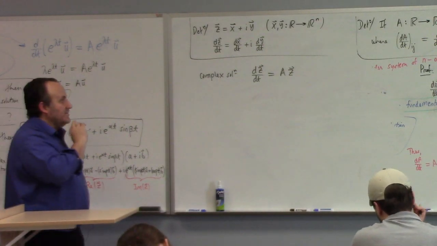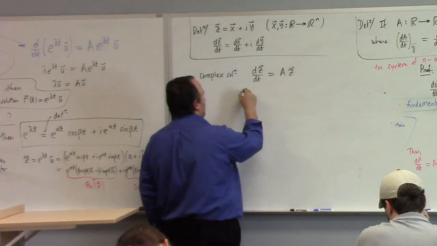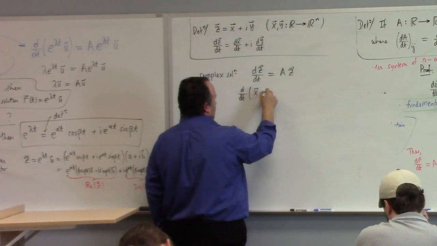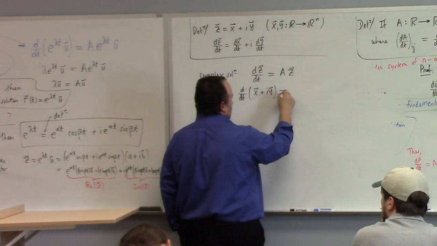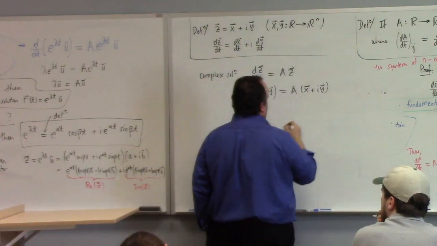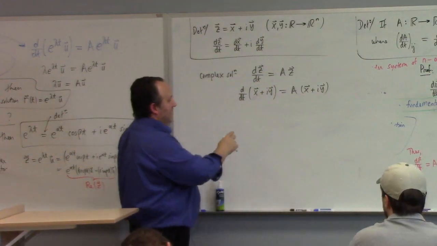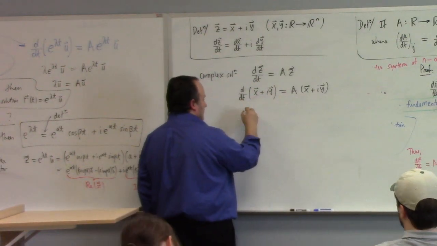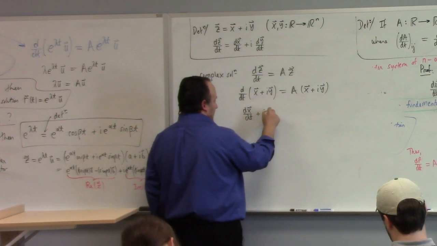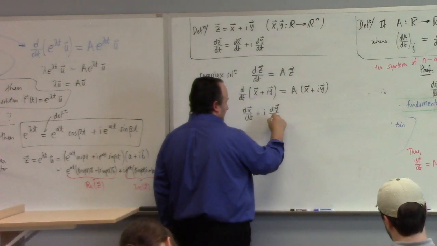But look, that means that we have d dt of x plus iy is equal to A times x plus iy. But the way we differentiate this is the real part and the imaginary part separately, like that.